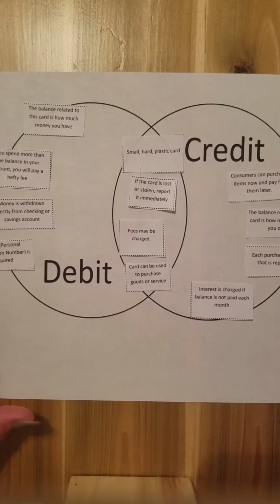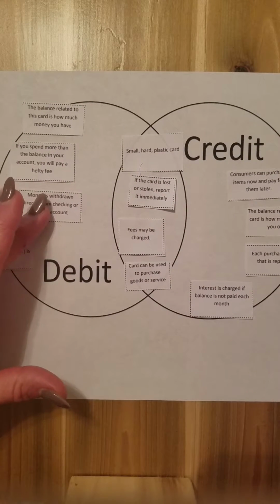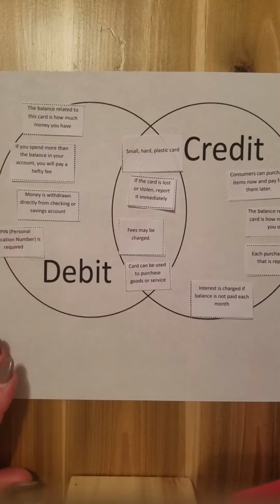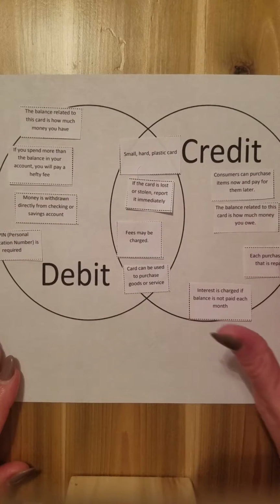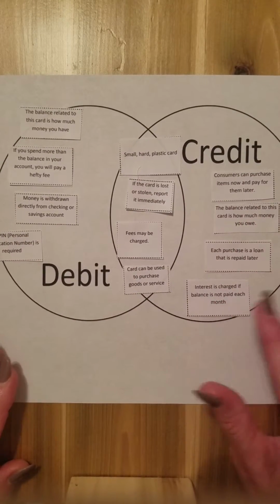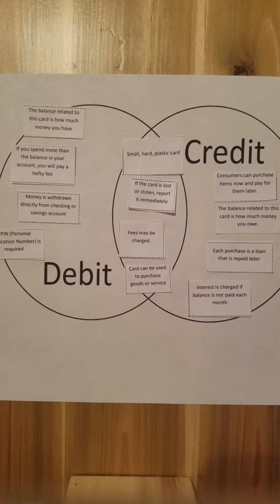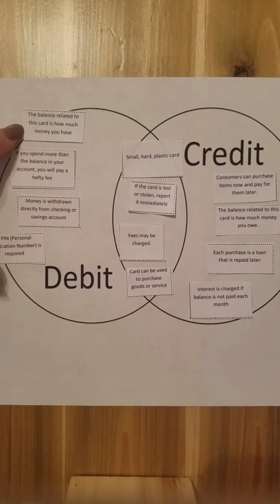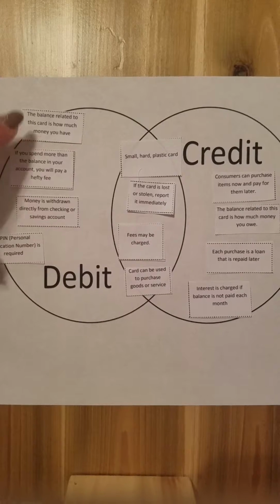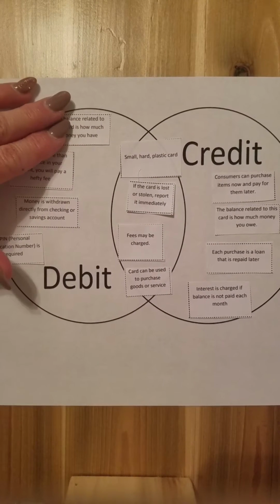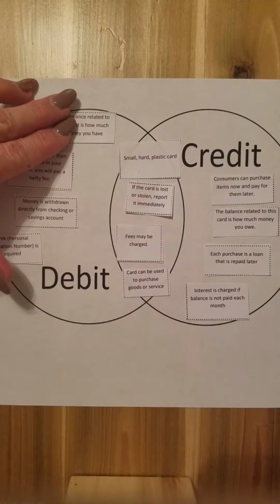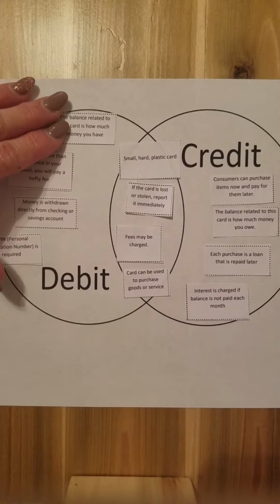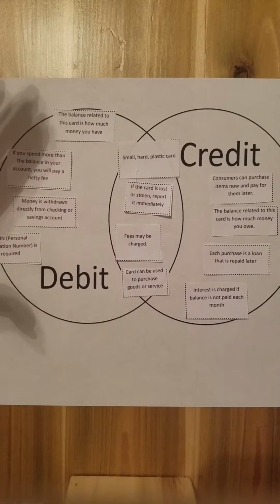Okay, so let's quickly go over what you have done and see if yours matches mine. If not, hopefully this will clear up some misconceptions. Okay, so first, for a debit card, your balance is related on this card to how much money you have. So you only can spend what you have in your checking or savings account to use your debit card. If you don't have the money, you can't spend it.